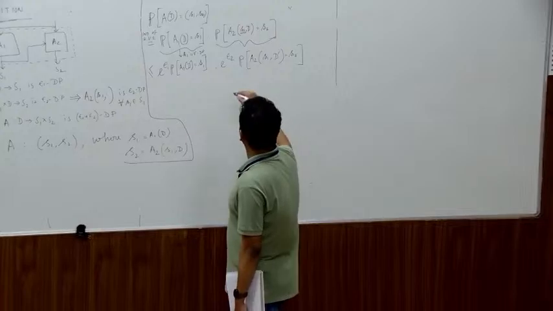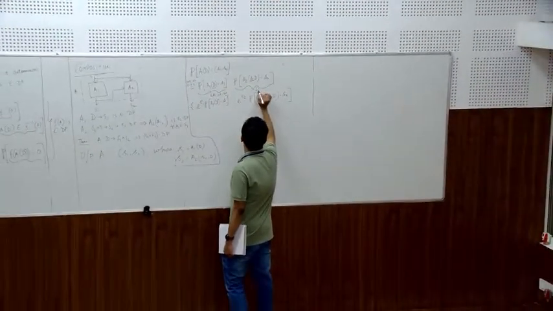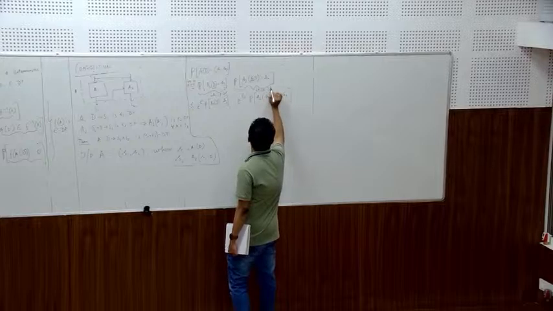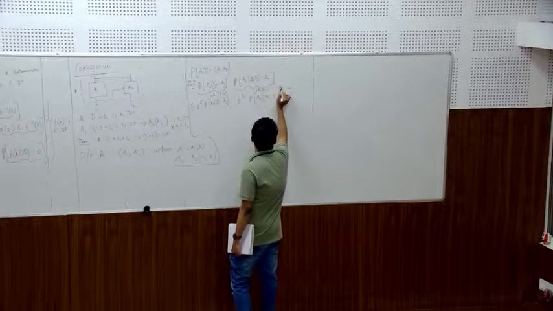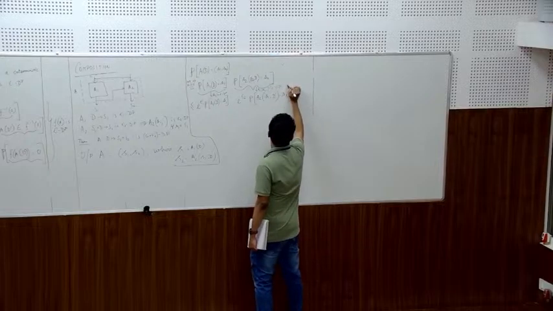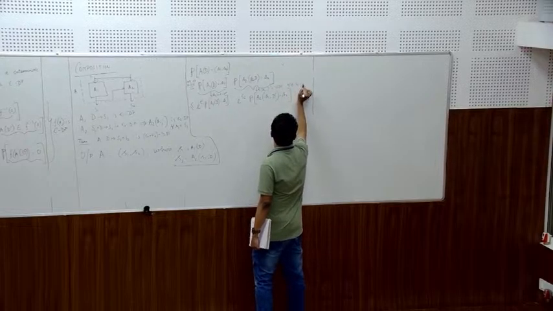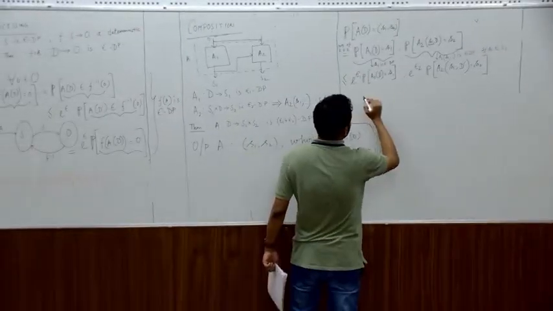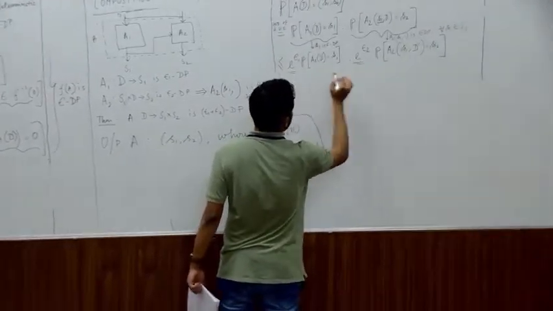We are crucially using that A2 is epsilon 2 DP for all s1. Okay, so what will we do? We'll just combine these two.